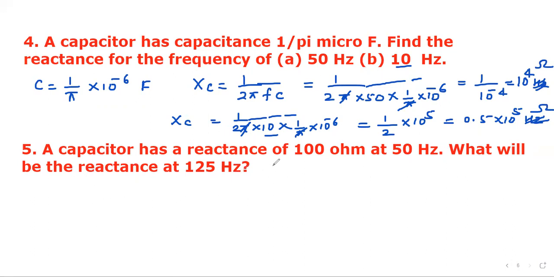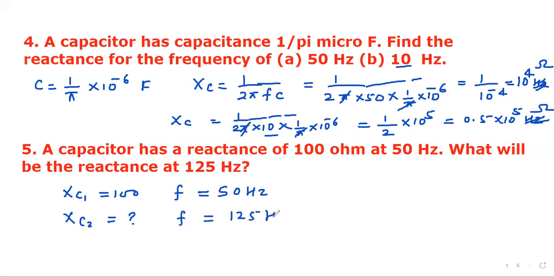And a capacitor has a reactance of 100 ohm at 50 hertz. So Xc1 is 100 when frequency is given as 50 hertz and reactance Xc2 is to be found when frequency equal to 125 hertz.